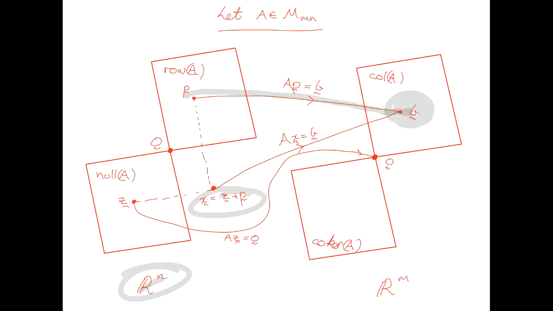It's our unique p plus just any old rubbish you feel like adding to it from the null space, right? No matter what you add to it from the null space, you get another solution to Ax equals b, right? All of these points, this unique p plus anything you like from in here, will all map to b, right? And the reason that holds is because all the things in the null space are getting mapped to 0.